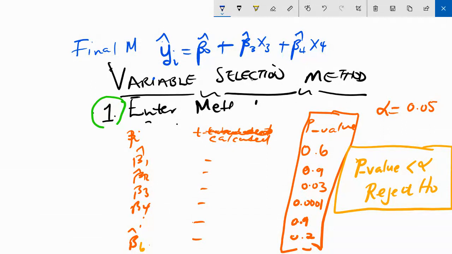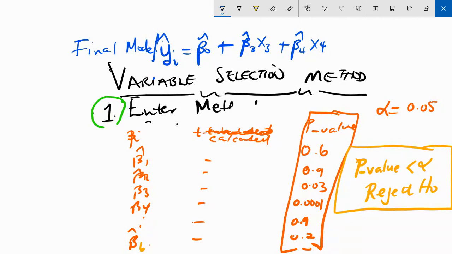Yes, final model. So you see what happened when using the enter method, it won't help you to remove variables which are not significant. But if I ask you to give me the final model, you must check and only remain with the ones which are significant.